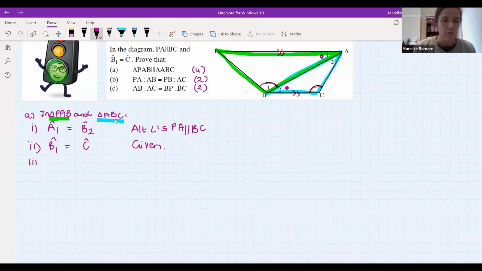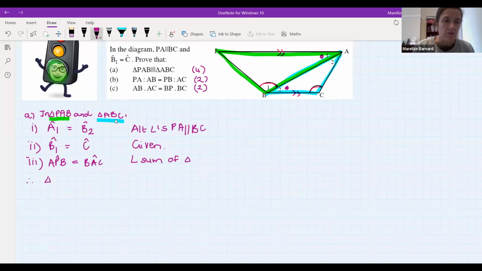And therefore, the last one we can say is that angle BPA or APB is equal to angle BAC, or A2, and the reason there is angle sum of triangle.